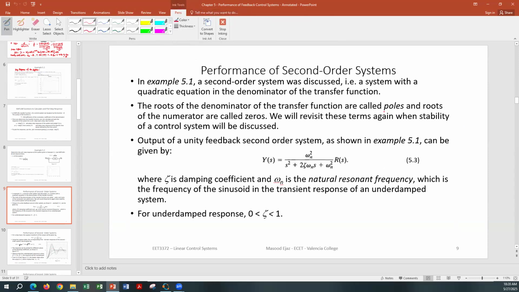You're going to be seeing these terms over and over again, poles and zeros. So make sure you understand these terms: whatever is in your denominator, when you factor that out and calculate the roots, those roots are called poles of the system, and whatever you have in the numerator, if you factor that out and calculate roots, those are called zeros of the system. So those terms are going to be repeated throughout the course.